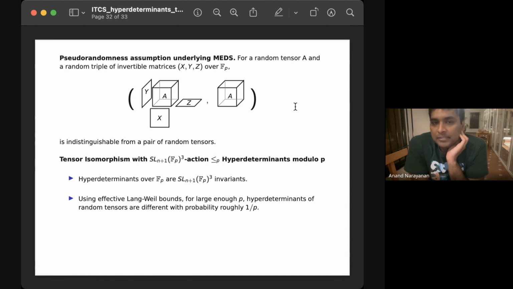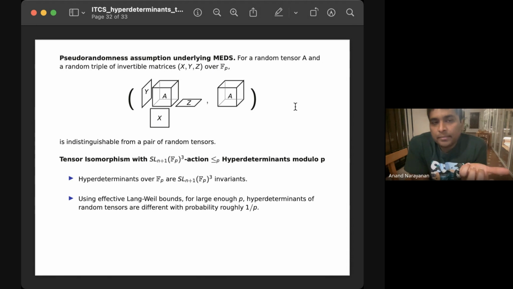But hyperdeterminants have large degree and are very complex polynomials. But using certain effective Lang-Weil bounds, which are just generalizations of the Schwartz-Zippel lemma, where we also use the fact that the hyperdeterminant has only one component, we get slightly better bounds.